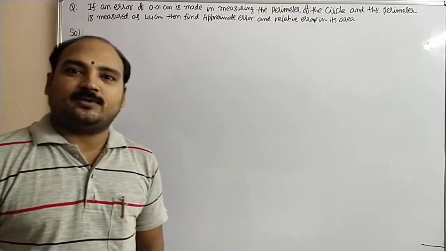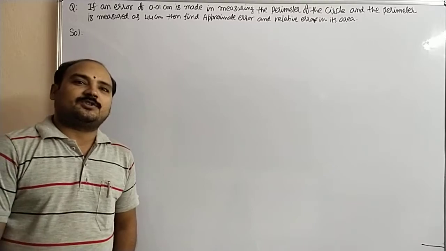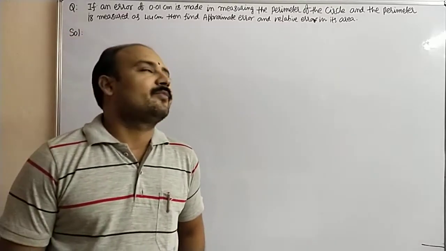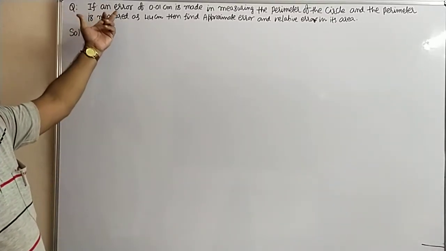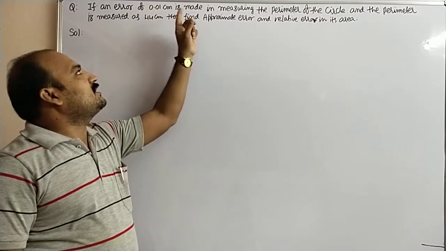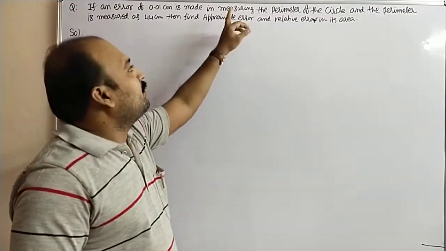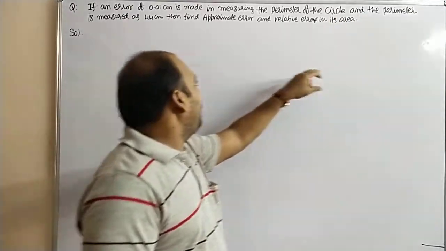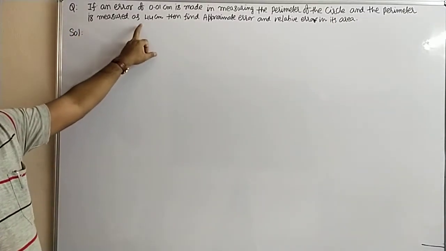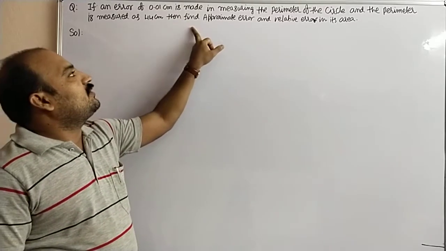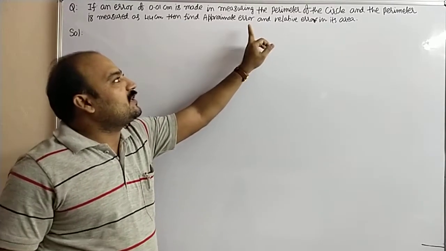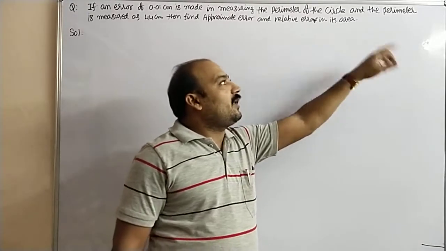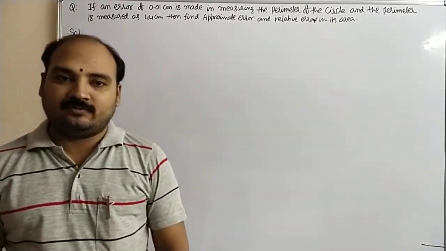The next question, dear students, which is the last question of the examples. See here, if an error of 0.01 centimeters is made in measuring the perimeter of the circle, and the perimeter of the circle is measured as 44 centimeters, then find the approximate error and relative error in its area.